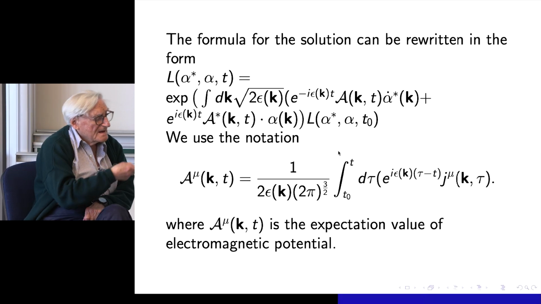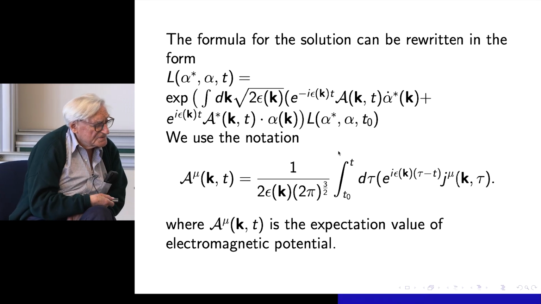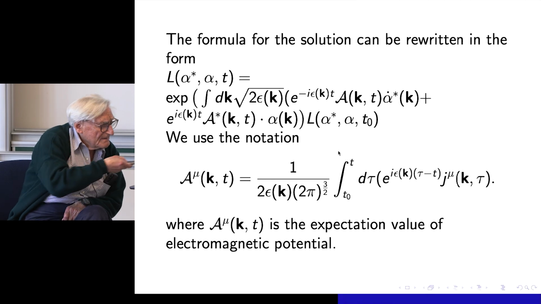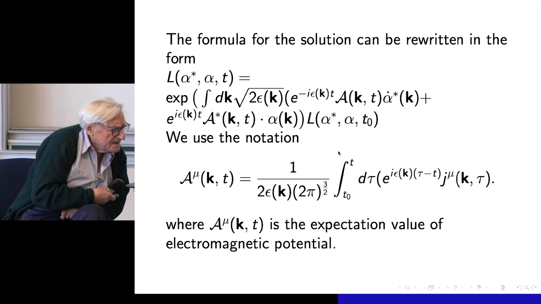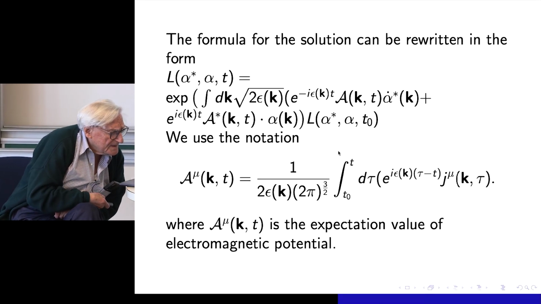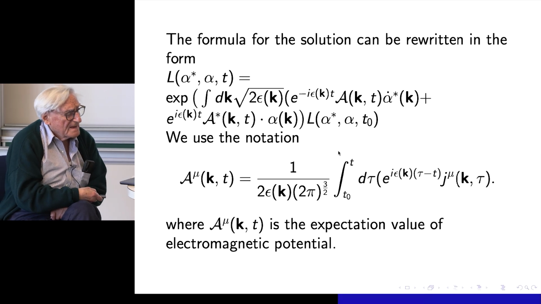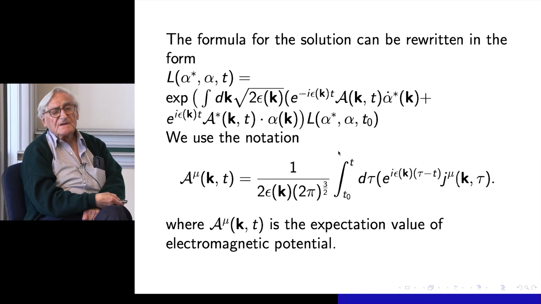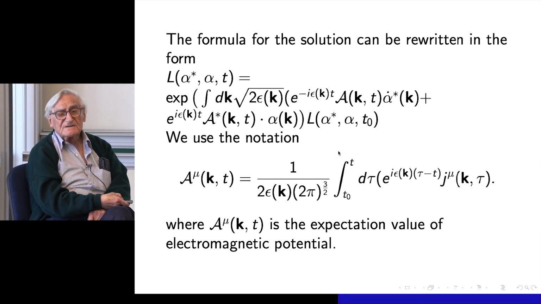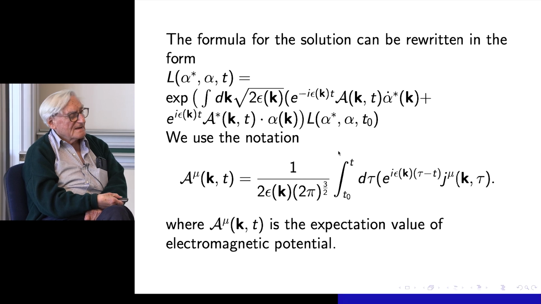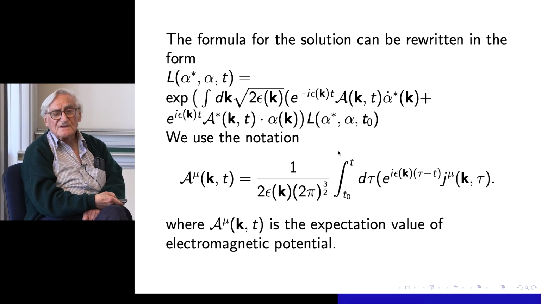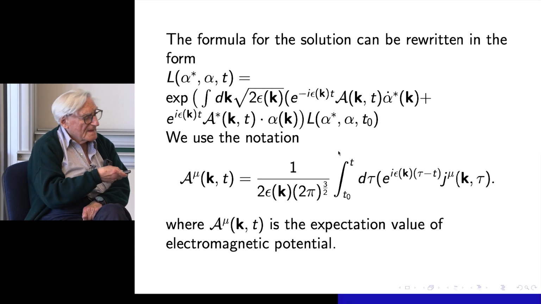Basically, you can introduce a notation, which here is A of K and C, this potential, which corresponds to the J that we fixed.